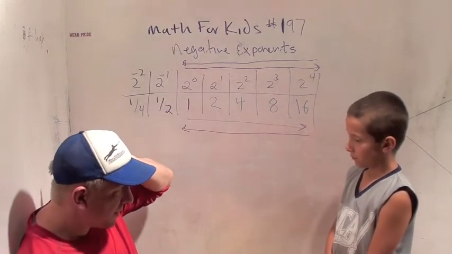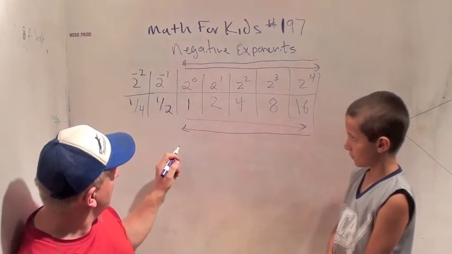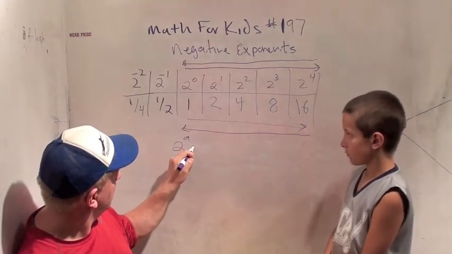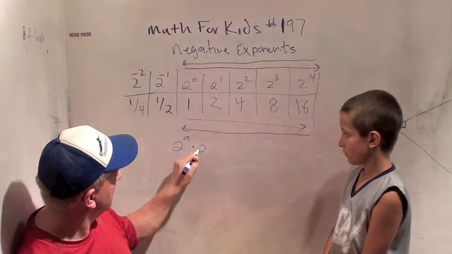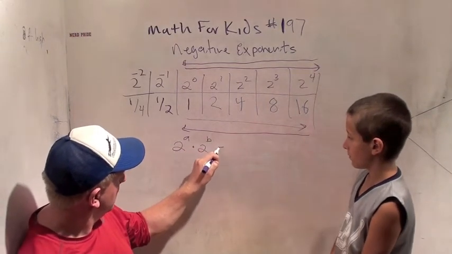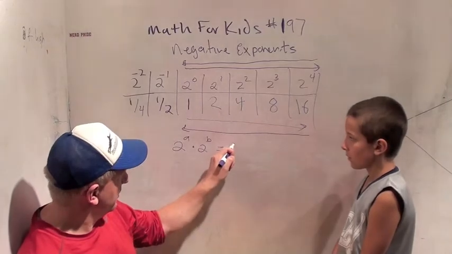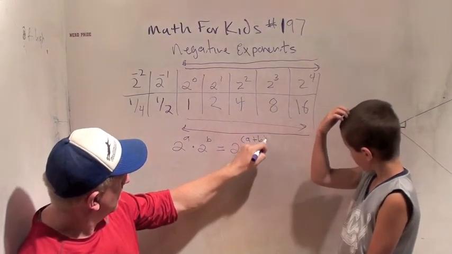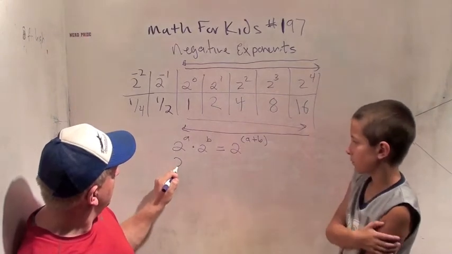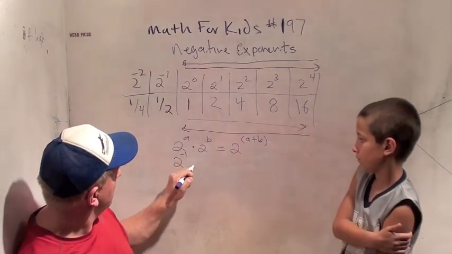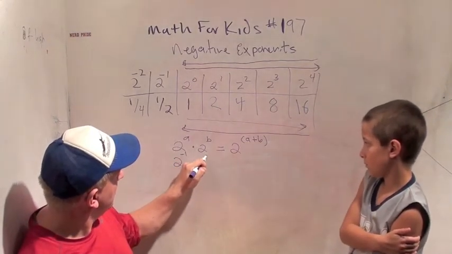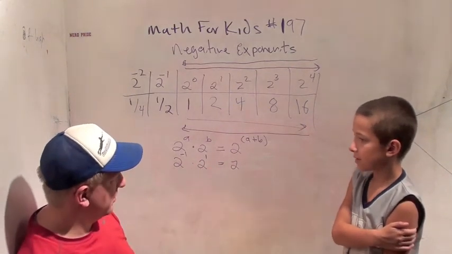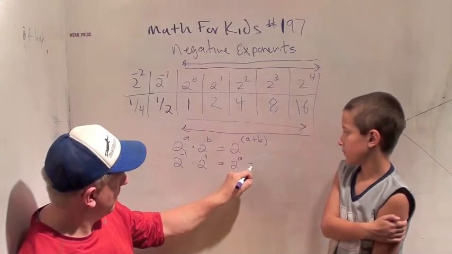Now let's see if that makes sense. Remember we talked yesterday about when you multiply two powers of 2, 2 to the a times 2 to the b. What do you get? 2 to the a plus b. So if I multiply 2 to the minus 1 times 2 to the 1, I should get 2 to the 0, which is 1.